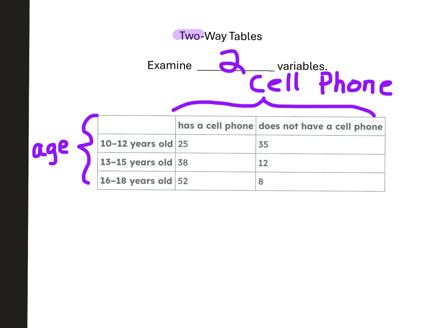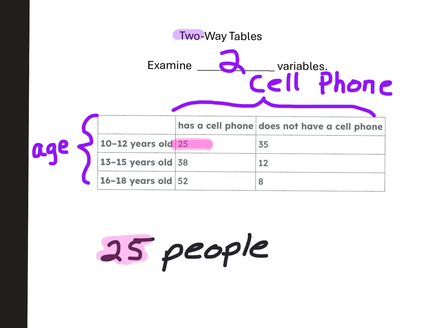And each piece of information inside of each little section, which we call a cell, tells you how many people fell into each category. So in this little part of the cell, it represents 25 people. And those 25 people both have a cell phone and are between the ages of 10 and 12 years old.